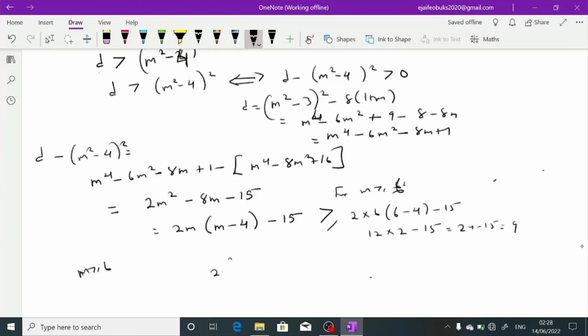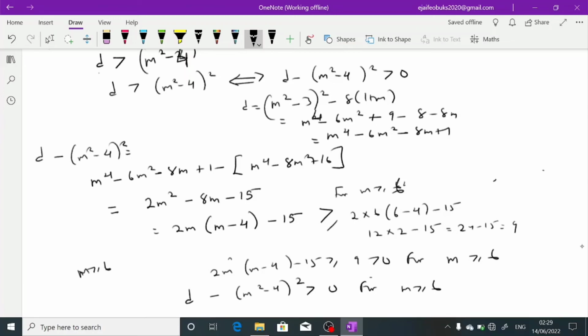So we have that 2m, m minus 4, minus 15 is greater than or equal to 9, which is greater than 0 for m greater than or equal to 6. So we have d minus m squared minus 4 squared greater than 0 for m greater than or equal to 6.